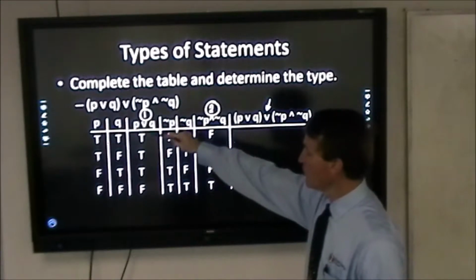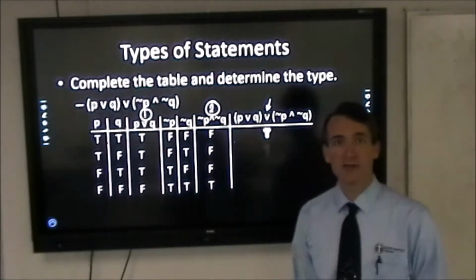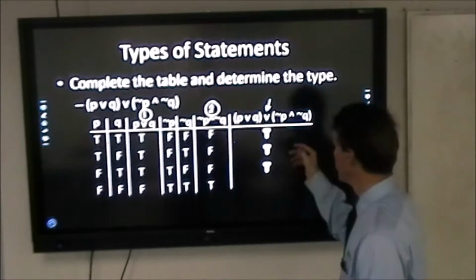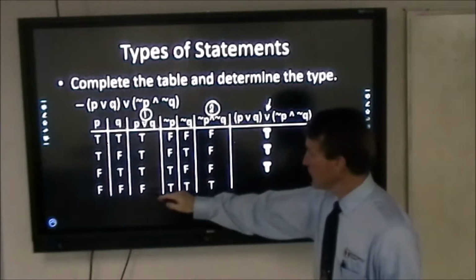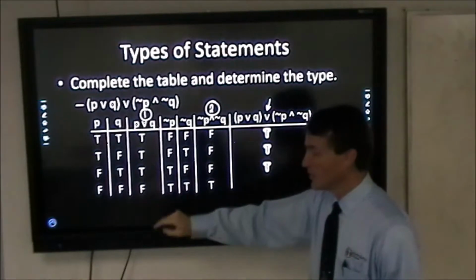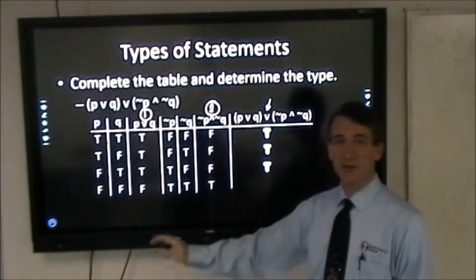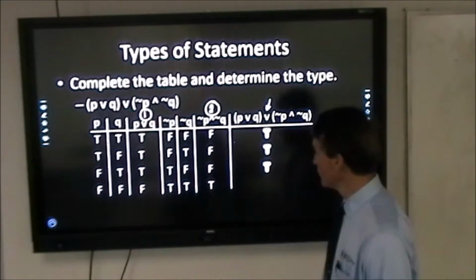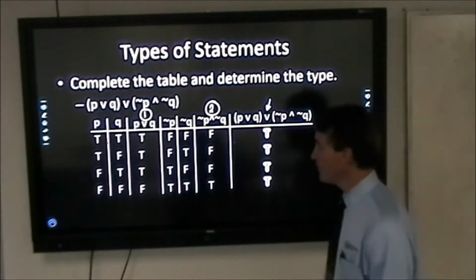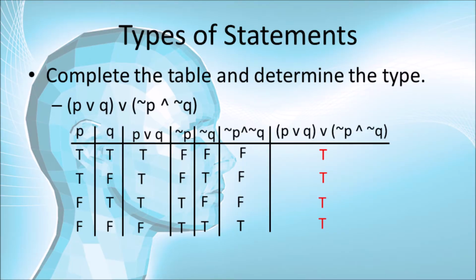So if I look at column 1, the top 3 lines are true, so I can put true on the top 3 lines of this column. The last one on column number 1 is false. So I need to look to see, is the second statement true? And sure enough it is. And so our final outcome of this truth table is all true, which means this is a tautology. All of the final outcome is true.